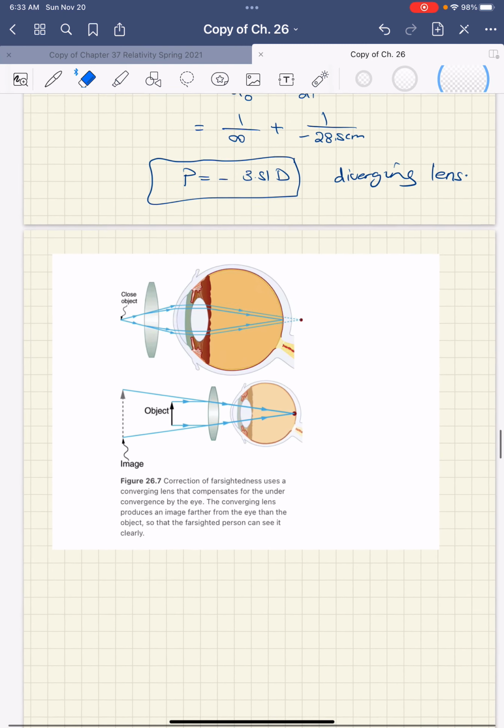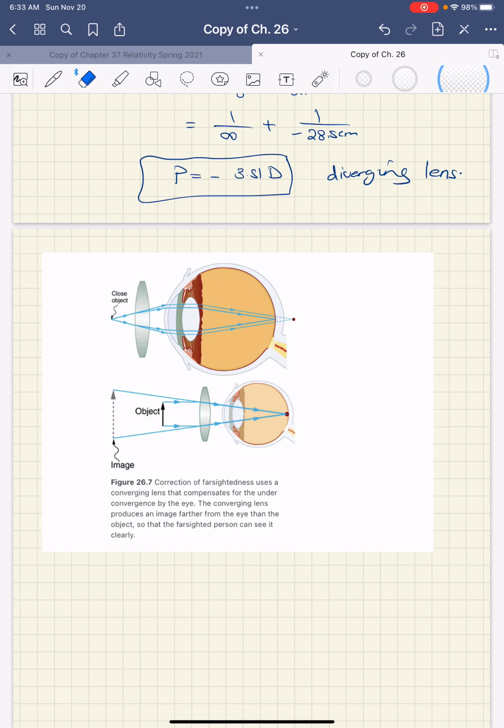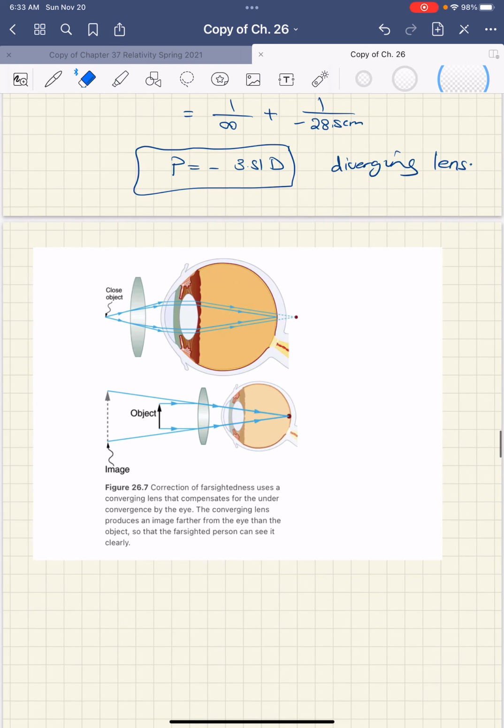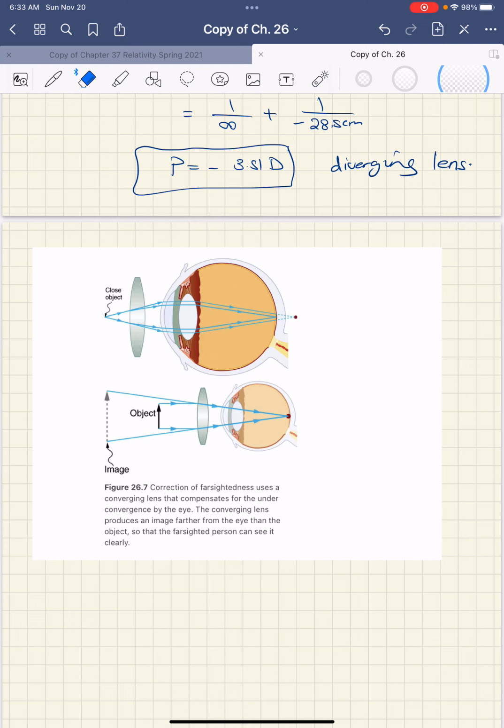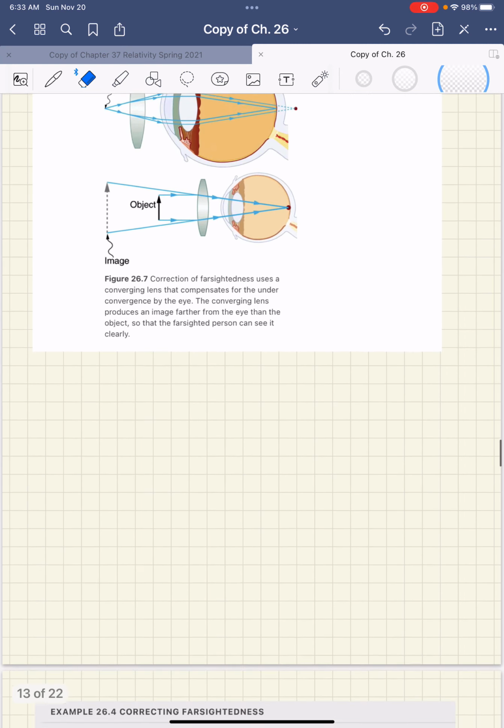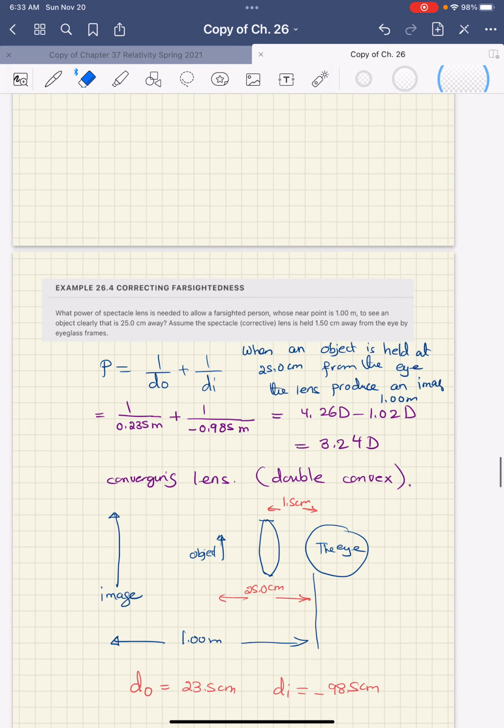For farsighted people, we need to have a convex lens, so that instead of forming behind the retina, the image forms on the retina. This is the converging lens, or we call it double convex.